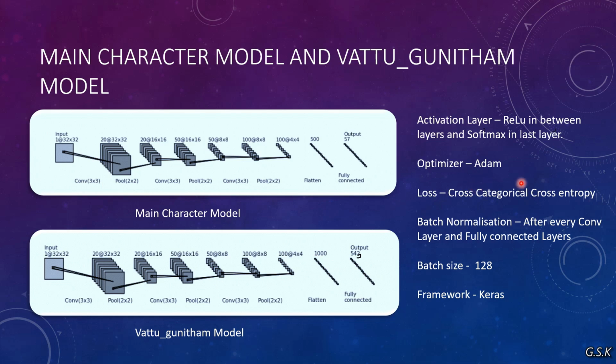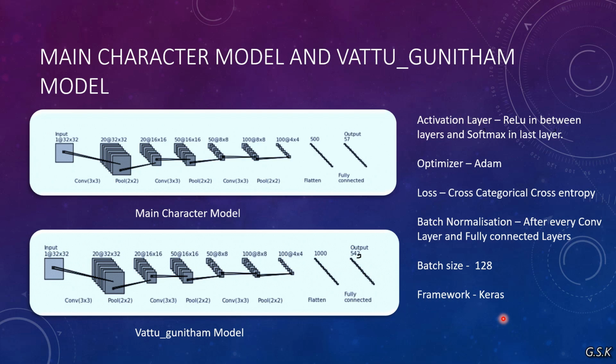We used the Adam optimizer and categorical cross entropy as the loss function. We applied batch normalization after every convolutional layer and every fully connected layer. Dropout is intentionally avoided due to the decrease in accuracy when dropout is applied between these fully connected layers. A batch size of 128 is fed into the model.